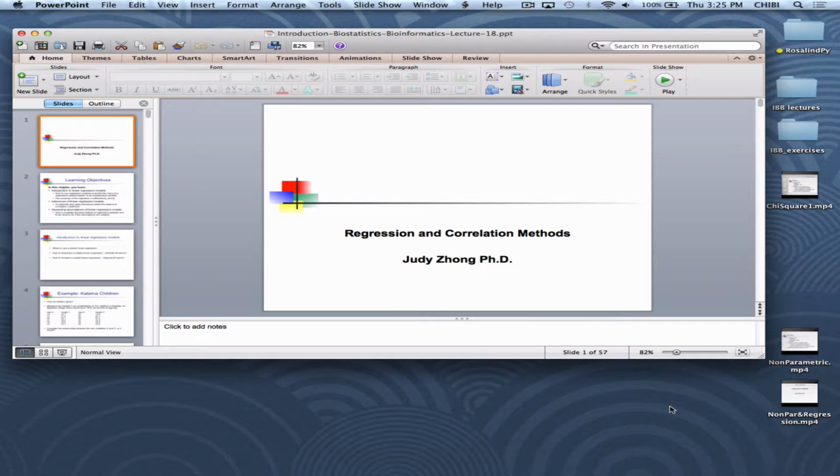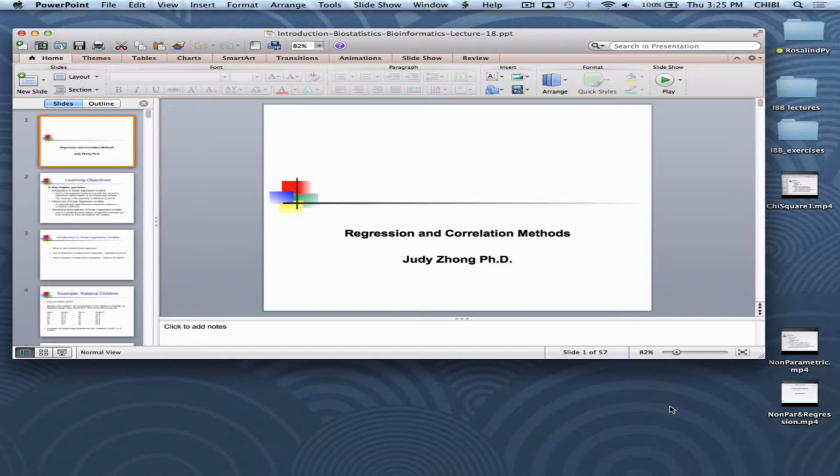That is the contingency table as a way to display your data, and then you can use the chi-square test or Fisher exact test to test whether the two categorical variables are independent or not, or whether the two categorical variables have any association or correlation. So that is what you do for categorical data, right?